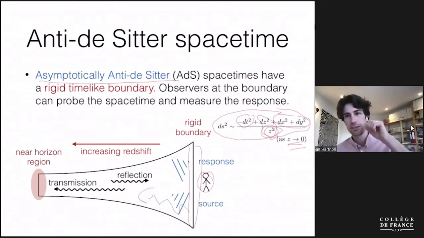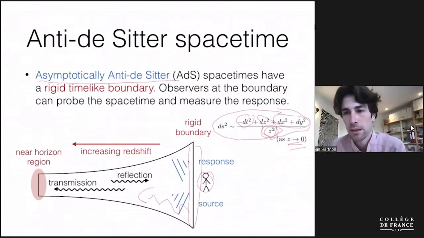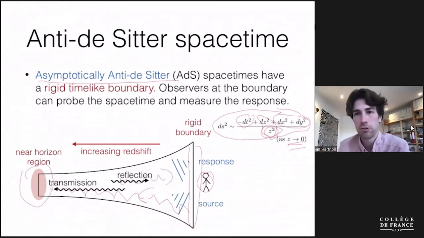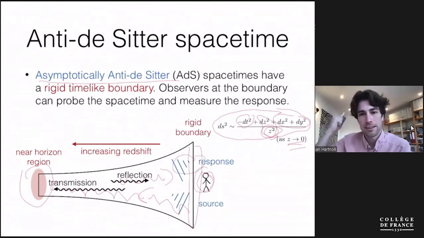For example, some gravitational waves could be emitted into AdS from the boundary. And then what will happen? Well, some of these waves will go through, and maybe they'll fall through some horizon that might be deep inside the spacetime, and some of them will get reflected back to the boundary. The waves that are reflected back to the boundary, the observer at infinity can see them, and that's the response.